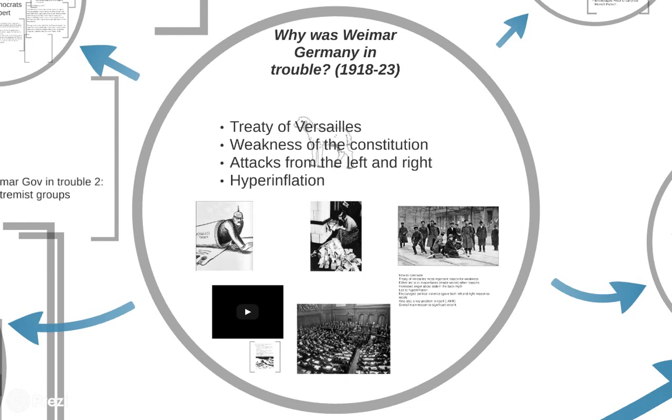So let's start with the weakness of the constitution, because that's what we've just been discussing. I would simply use the word exacerbated, which means to make worse, and you can link it back to the Treaty of Versailles very easily. The constitution was not strong, but in having the Treaty of Versailles passed, it made the Weimar government look even weaker, because they couldn't agree over things.